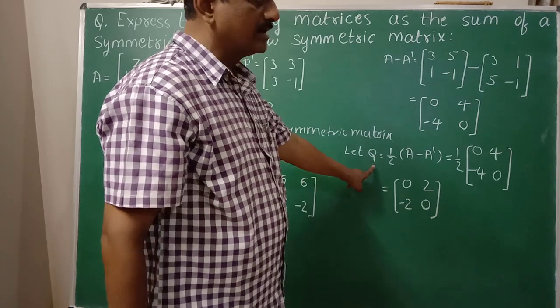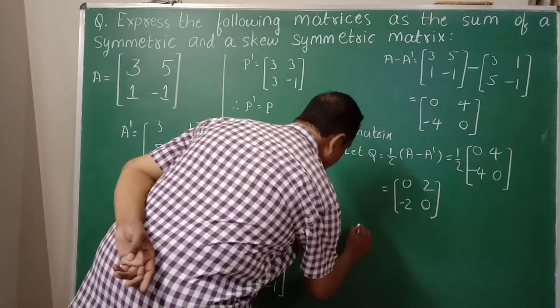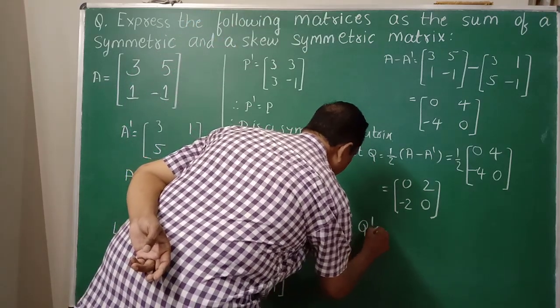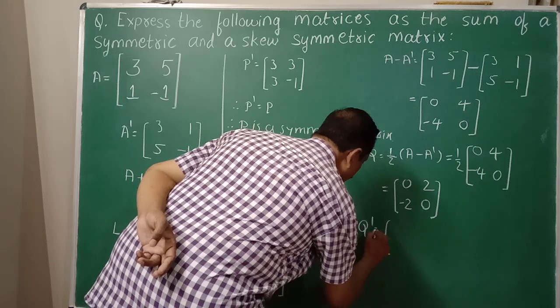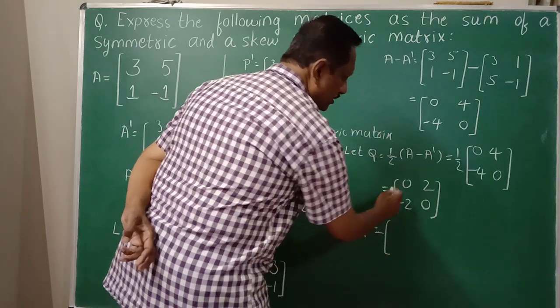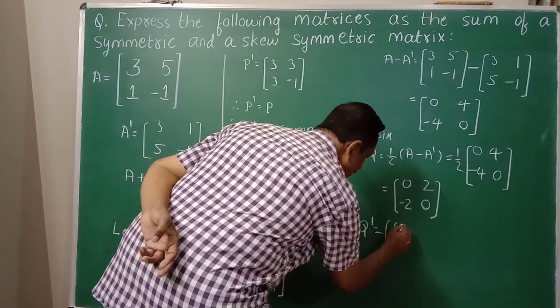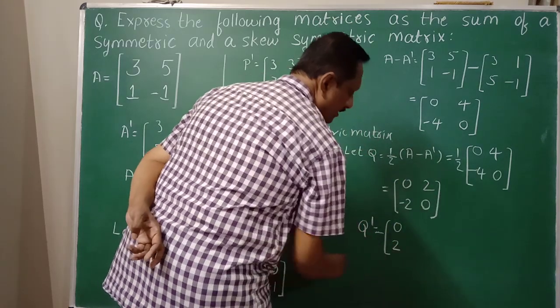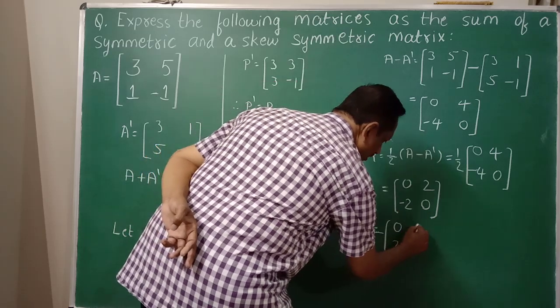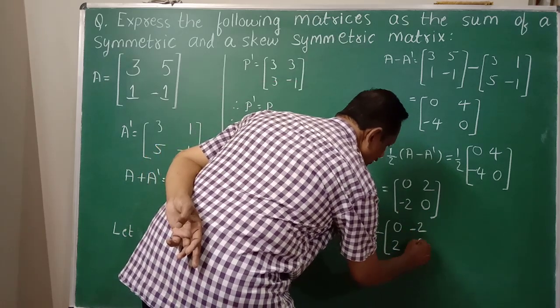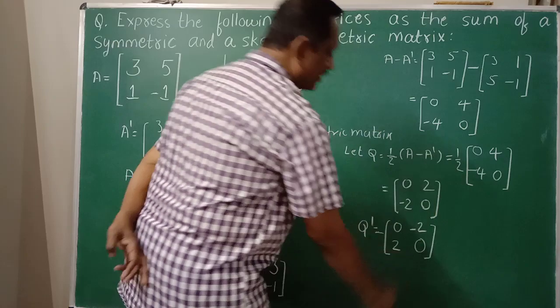Then write its transpose. Hence Q dash is equal to 0 2, the elements in the row written in the column, so 0 2, and minus 2 0 written in the column.